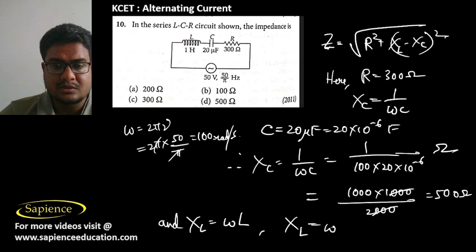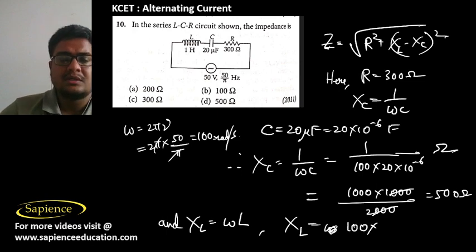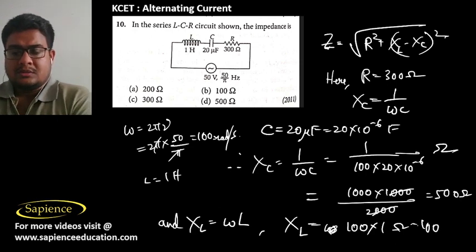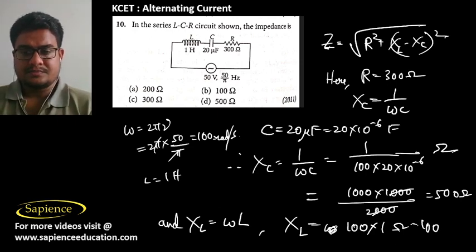XL is 100 into L. Here L is 1 Henry. So XL is 100 ohm.